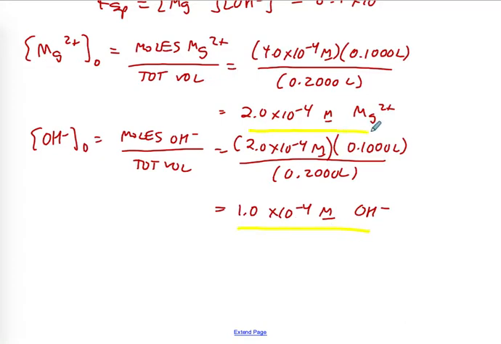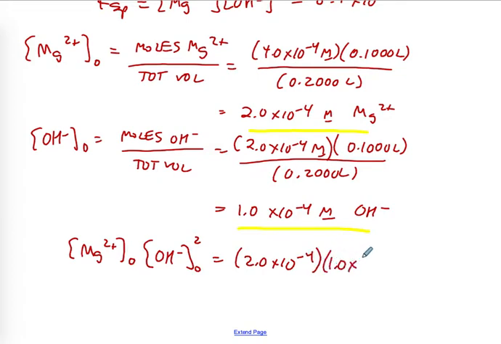So now, to determine whether or not a precipitation reaction is going to take place, I'm going to plug in the initial concentration of magnesium times the initial concentration of hydroxide squared, 2.0 times 10 to the negative fourth times 1.0 times 10 to the negative fourth squared, or 2.0 times 10 to the negative 12.